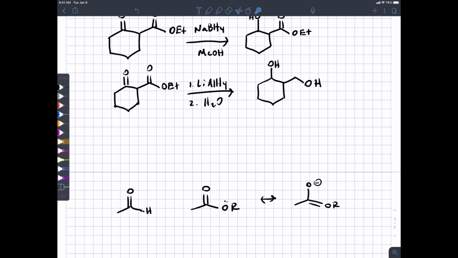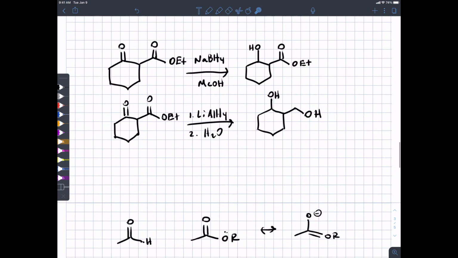Other questions? Yes? Is that because of tautomerization? No, that's an issue we'll talk about later, but that's because we made an ester.